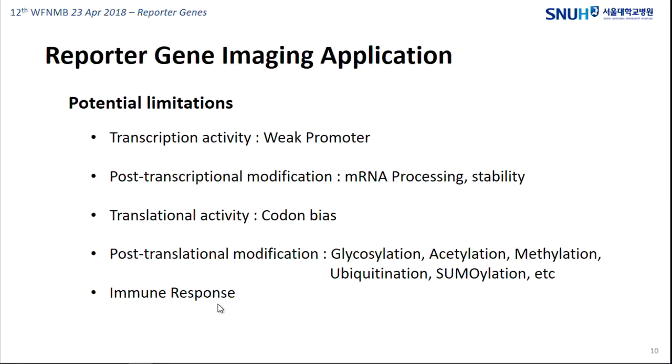And also, even though there are very successful results from HSV-TK, it is from a foreign species, so it can cause some kind of immune response. This kind of thing is a potential limitation.